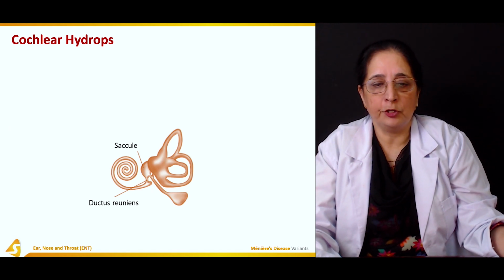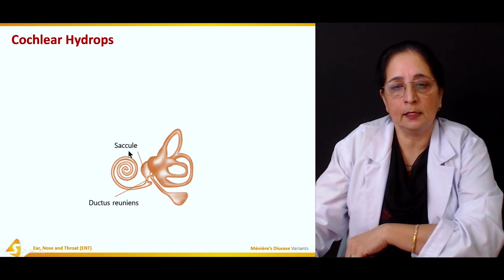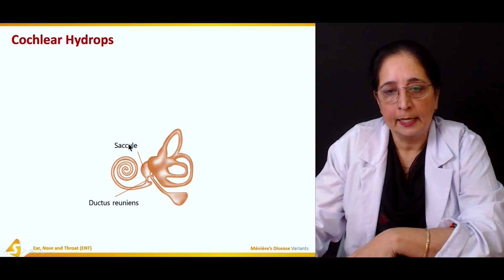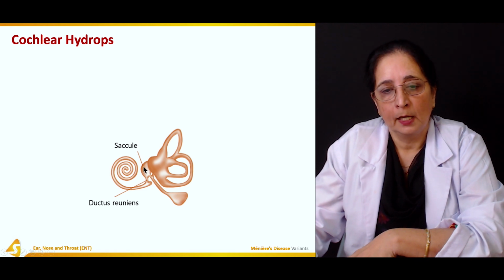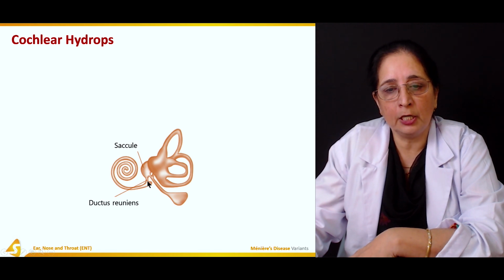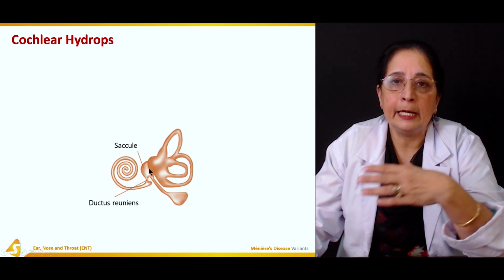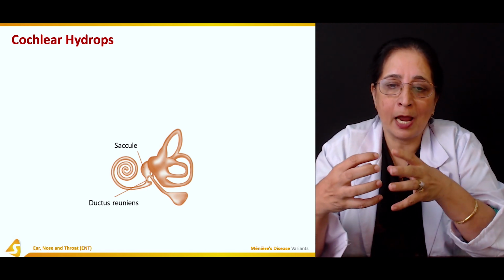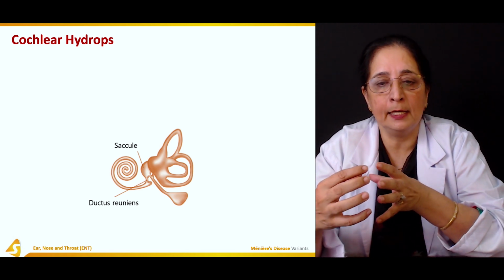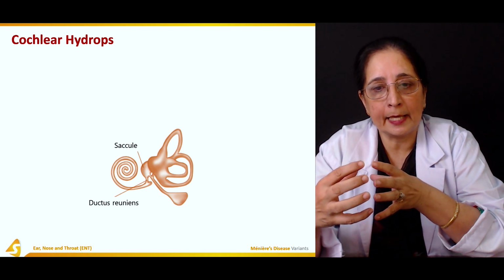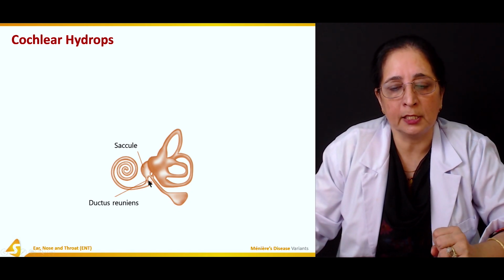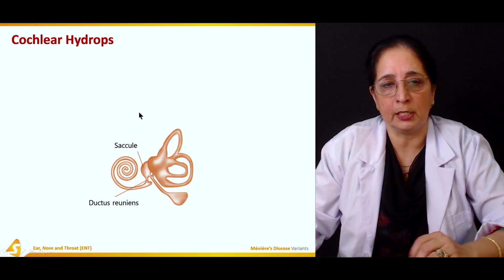The cochlear hydrops, if you see here, this is the cochlea, the snail-shaped structure. This is the saccule, and then this is the ductus reuniens. As the name shows, ductus reuniens is the duct that unites the cochlear duct and the saccule.